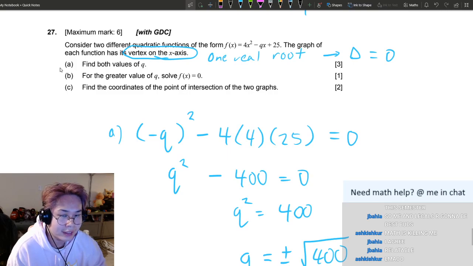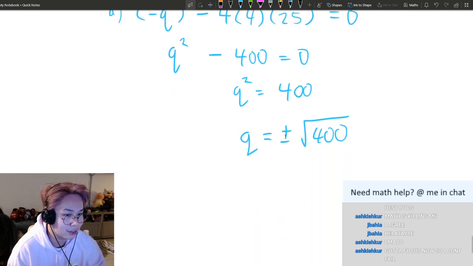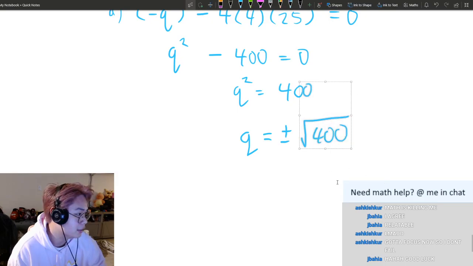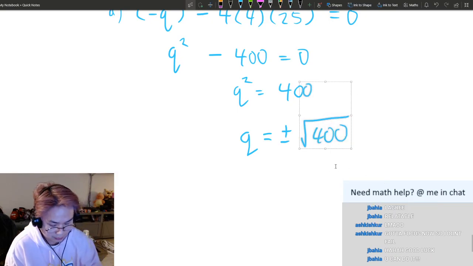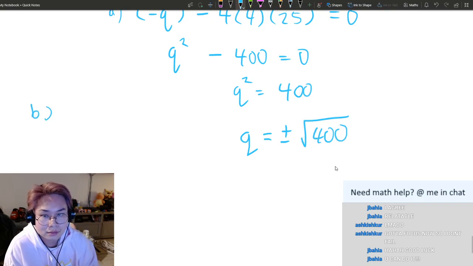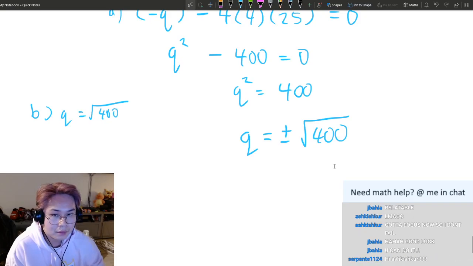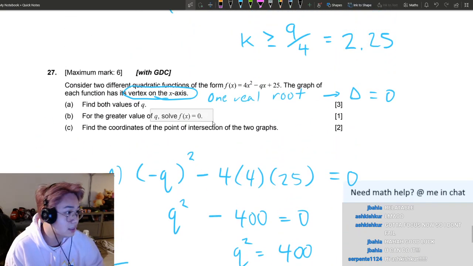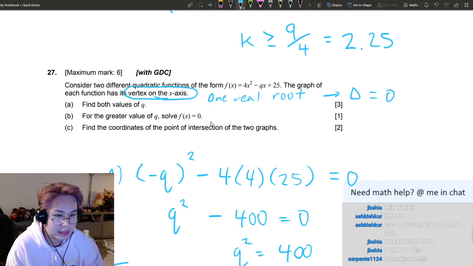And then for the greater value of q, we need to solve the function equaling 0. So for the greater value of q, well, that's plus 400. But essentially, we want to solve this. So the easiest way to do that is using a quadratic formula.